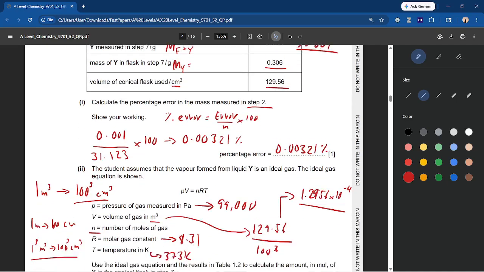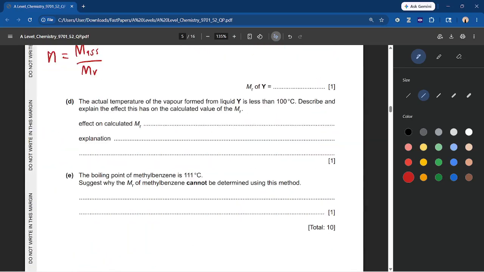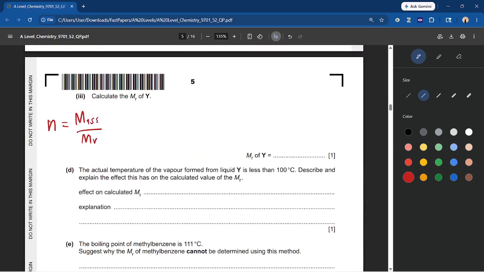So we don't need to worry too much about that. All we do is we put in the value of the moles that we had, which is 4.138 into 10 to the power minus 3, is equal to 0.306 divided by the MR.